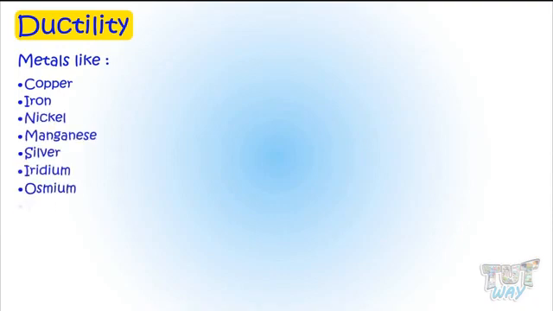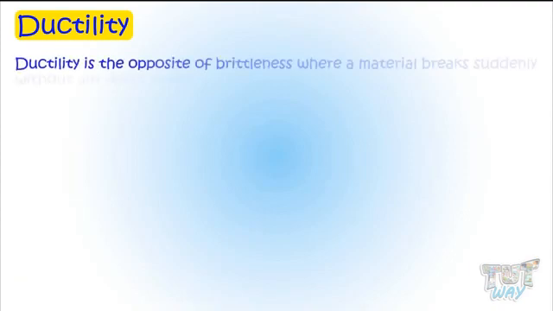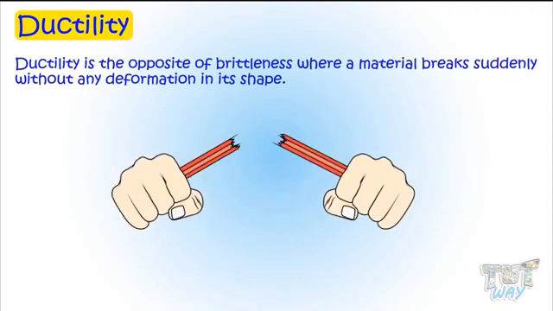Metals like copper, iron, nickel, manganese, silver, iridium, osmium, tungsten, tantalum, hafnium, rhenium, tin, and zirconium can be drawn into very long wires. Ductility is the opposite of brittleness, where a metal breaks suddenly without any deformation in its shape.